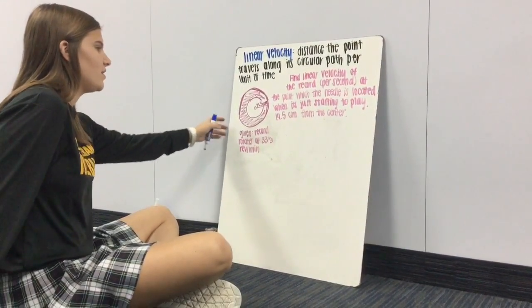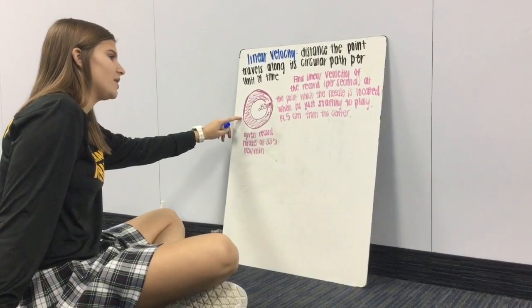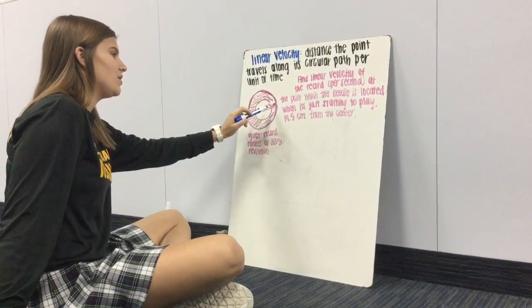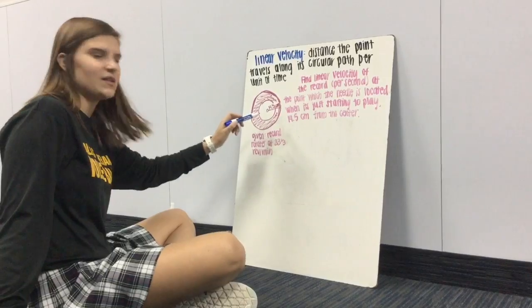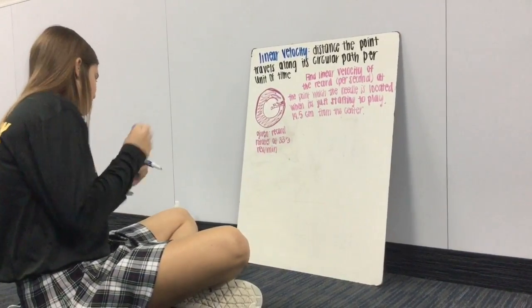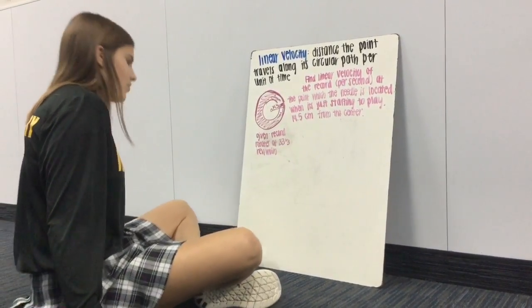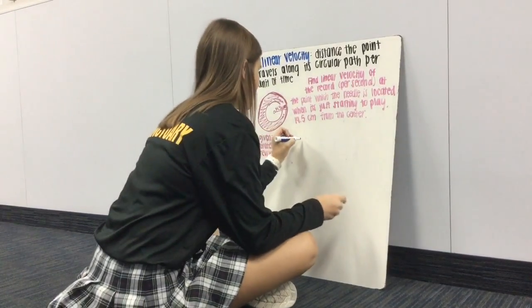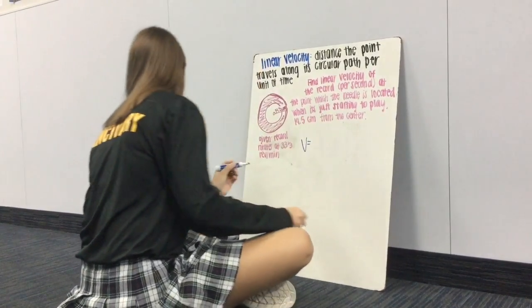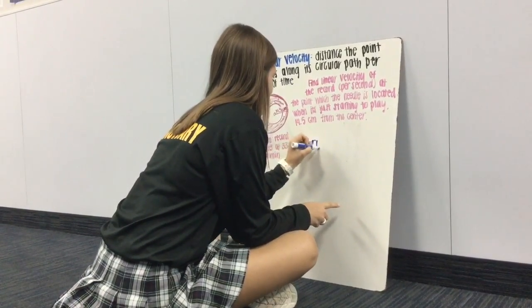So we have to find the linear velocity of this record per second, where the needle is located 14.5 centimeters from the center. So the way you do that is you use an equation that's given to you in the book, which is V is equal to RW.